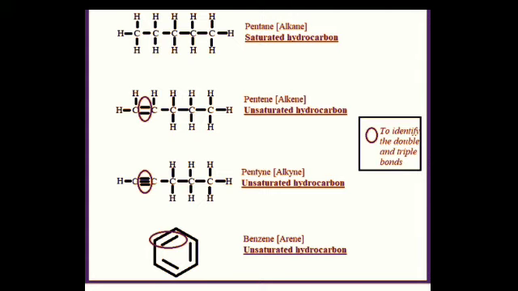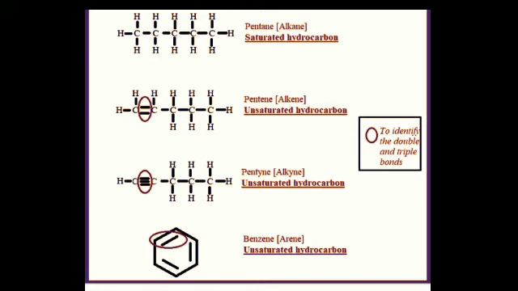Methane has the formula CH4, which is formed by the combination of one carbon atom and four hydrogen atoms. We have already seen the structure of methane. Ethane is one more hydrocarbon. Its molecular formula is C2H6.